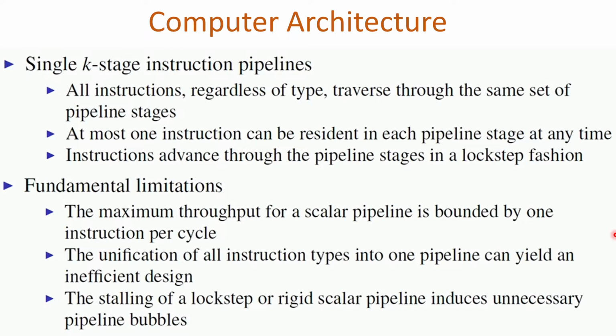For example, if you are able to calculate the branch target address in the decode stage, then the branch instruction should not use the execution and write back stages. But due to this unification of all instruction types in one pipeline, it's not possible for the trailing instructions to use those stages at the same time, which may degrade the performance of the pipelining. So this is another limitation.